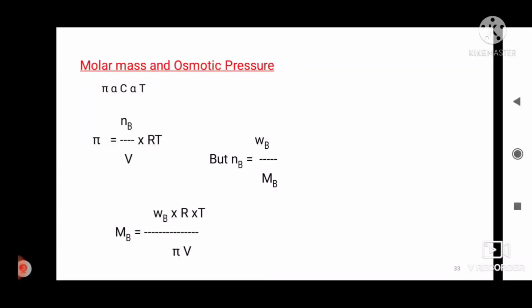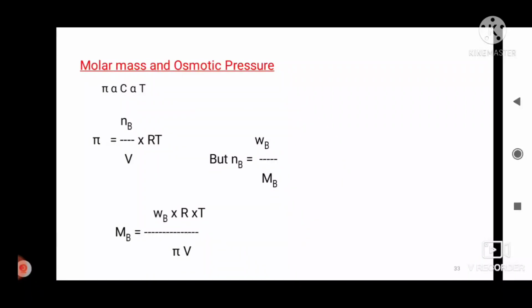Or we can write it as pi equals (Nb/V) RT, where R is the gas constant, Nb is the number of moles of solute and V is the volume of the solution in liters.